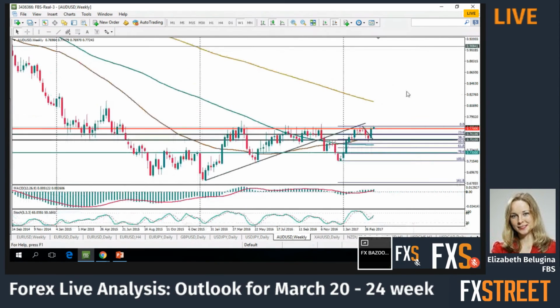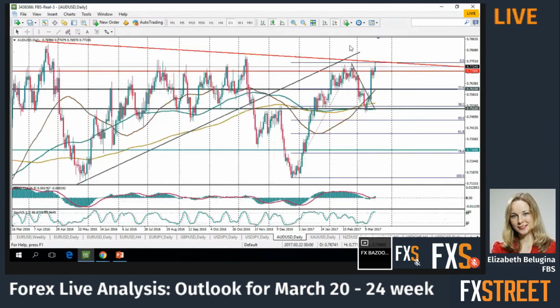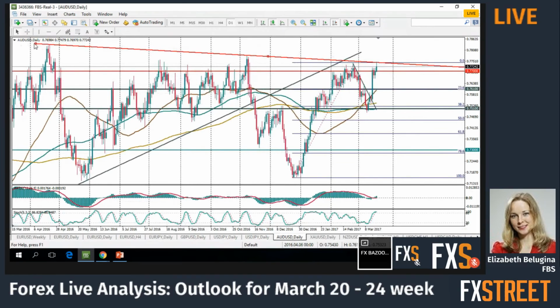And despite this strong weekly movement of the pair, still we really doubt that the pair is able to overcome this strong resistance. At least the initial reaction can be to the downside here.